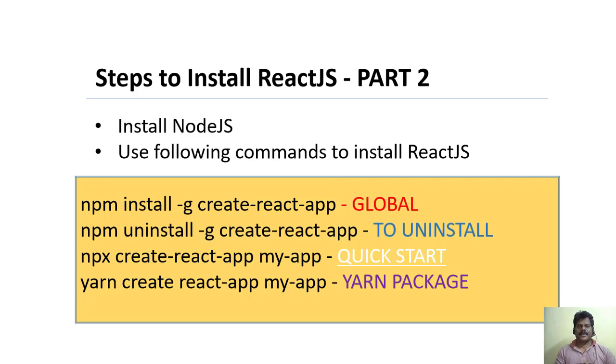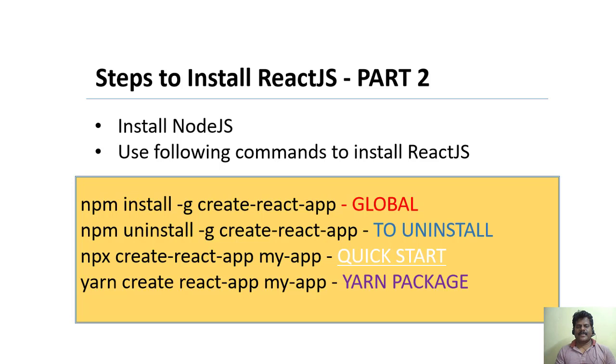See, this is the approach which uses Node.js as well as Node package manager to get React.js installed. There are a few commands like npm install -g create-react-app. This is to install Node package managers globally.